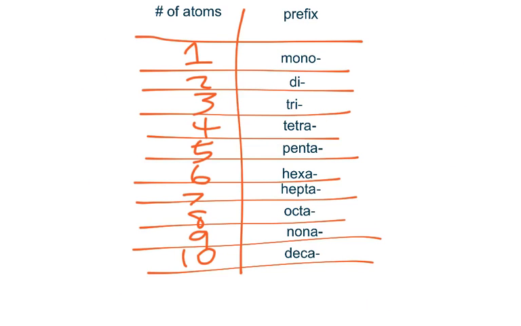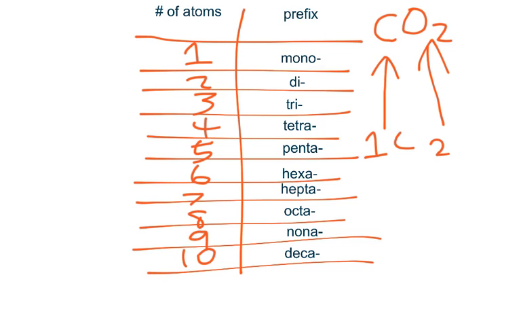So what if you have multiple elements combined together? Well, we have a system for that. To name covalent compounds, just look at the number of atoms of each element and assign the prefixes to each atom. Let's look at an example. Let's take CO2. We have one carbon and two oxygens. There is an exception to putting a prefix in front of the element.